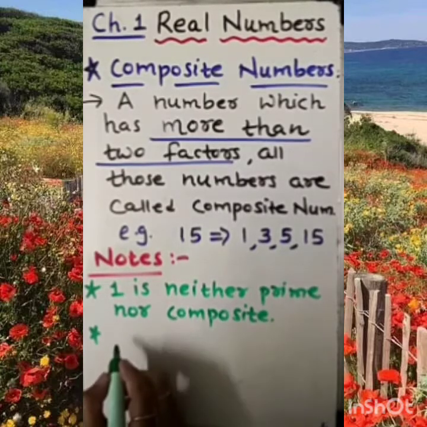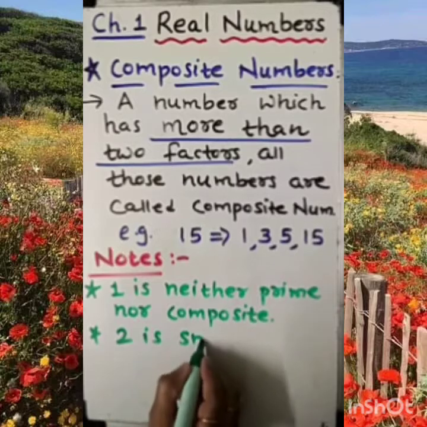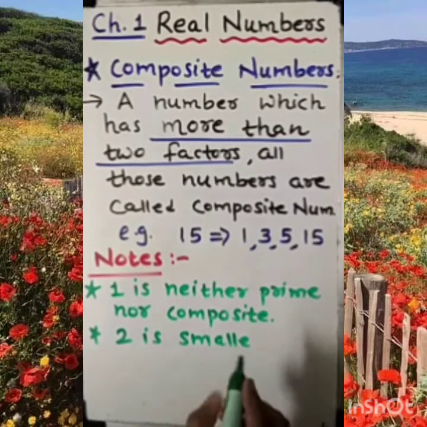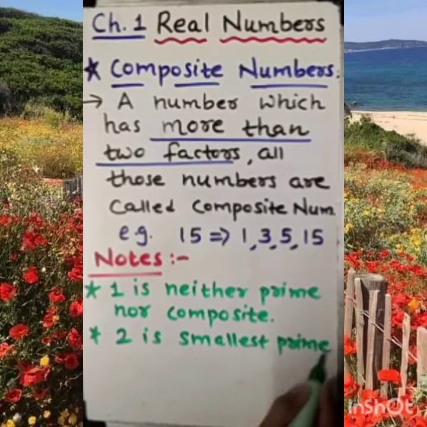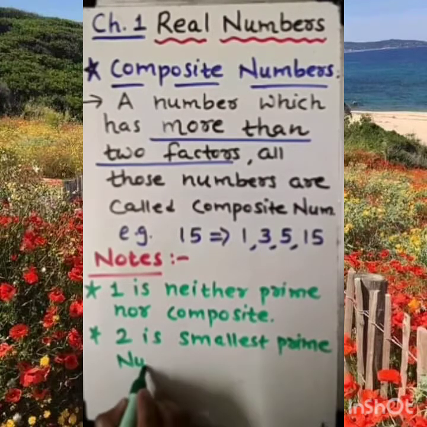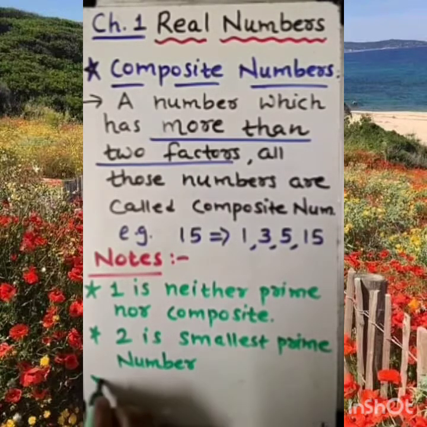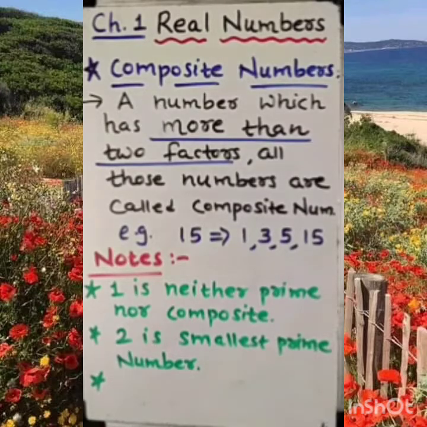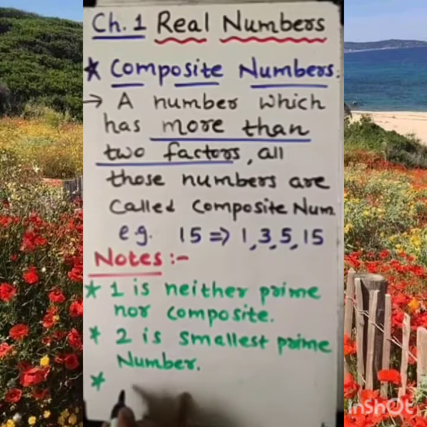Now, one more fact is with us. 2 is the smallest prime number. Keep this in mind. And along with that, one more fact about 2 is that 2 is the only even prime number.